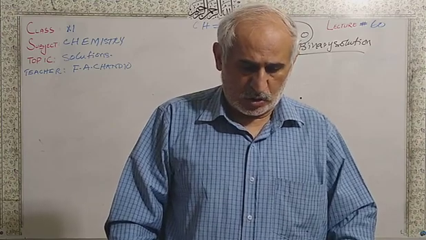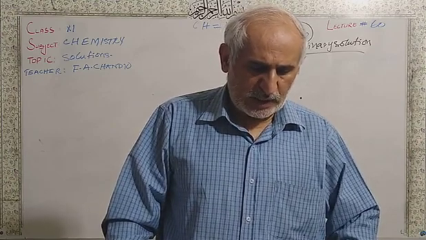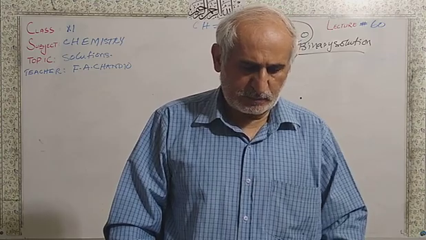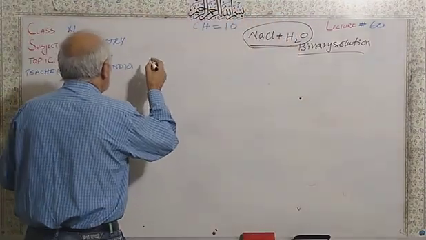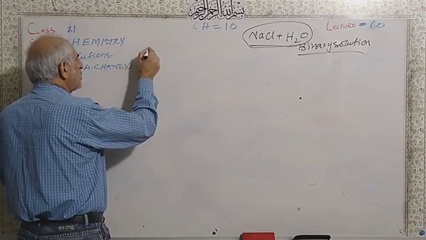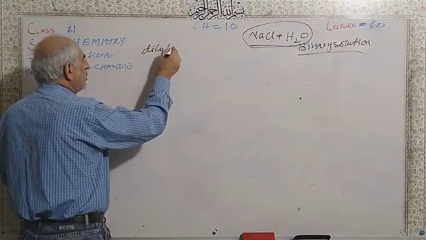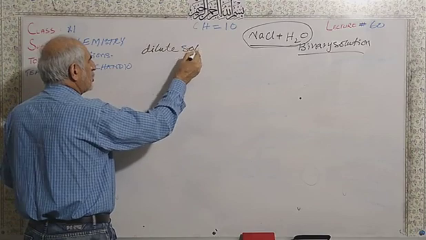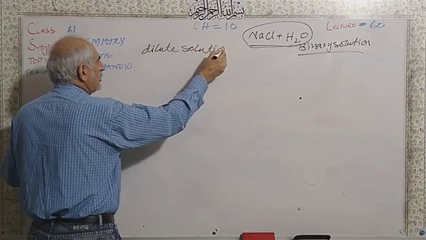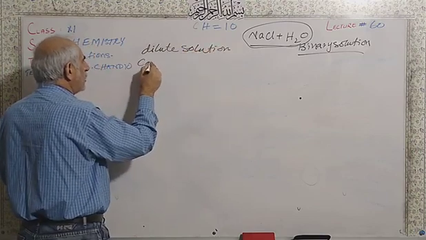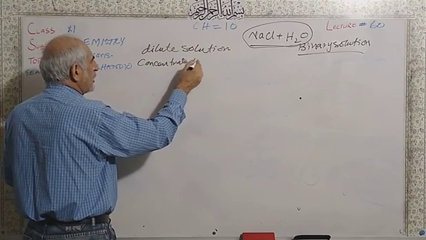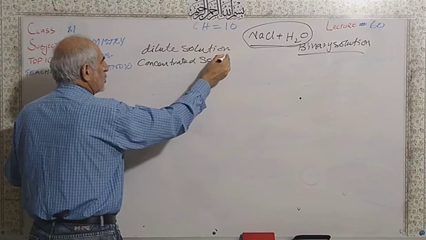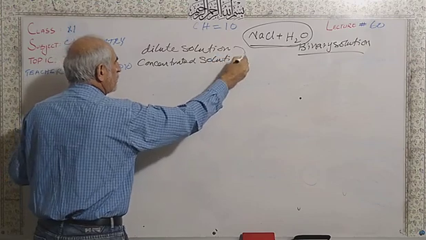A solution is a homogeneous mixture of two or more than two substances having a uniform composition. When we are talking about concentration units, there is one thing we usually use: dilute solution and concentrated solution.